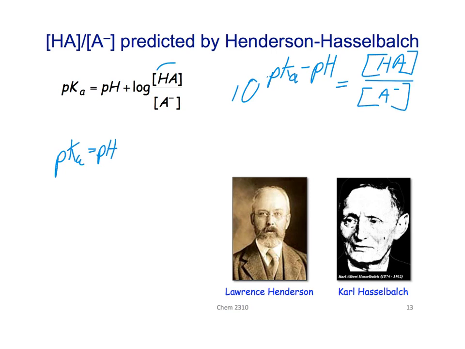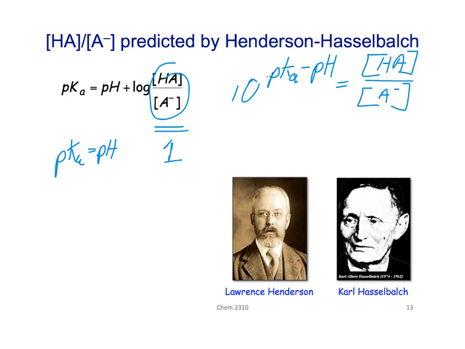Okay, we look at this ratio. If the pKa equals the pH, then 10 to the pKa minus pH is 10 to the 0, which equals 1, right? So the ratio is 1, and so when the pH equals the pKa, we have an equal amount of acid and conjugate base in equilibrium.